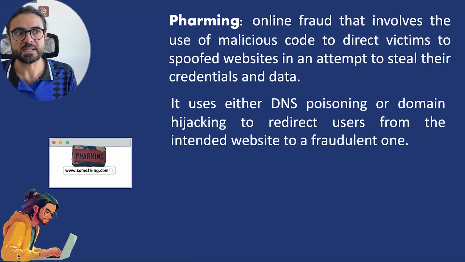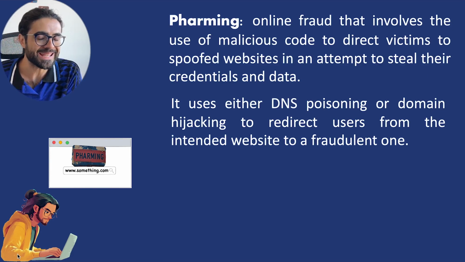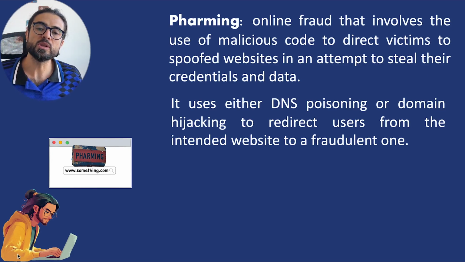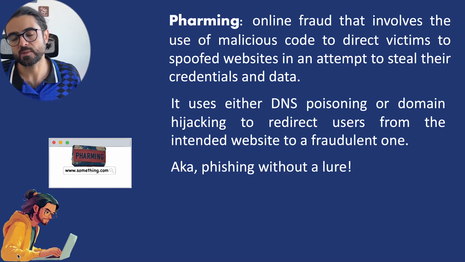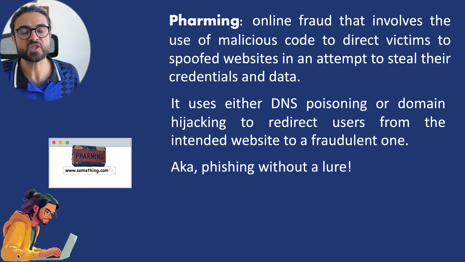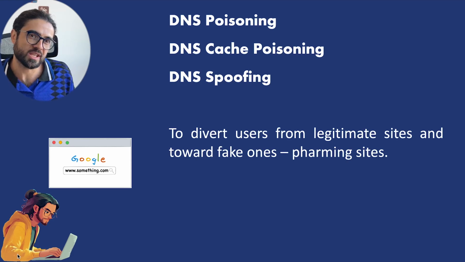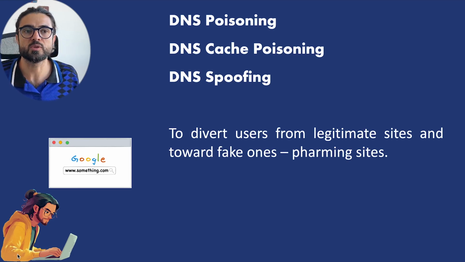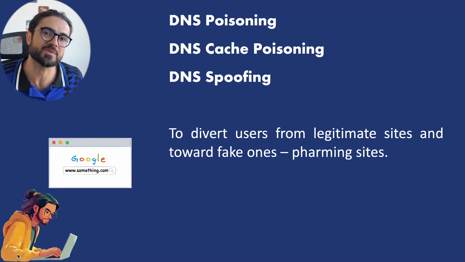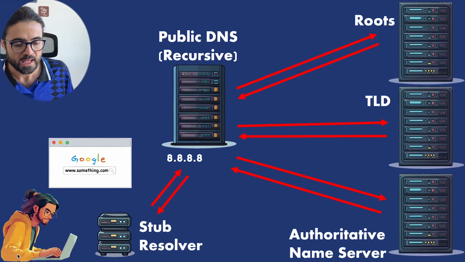For DNS, it's poisoning the domain or hijacking the domain, then you will be redirected to the fraudulent website. Or it's like fishing without a lure. The first one is DNS poisoning, cache poisoning, or DNS spoofing, to divert users to a fake website, something like that, in simple words.